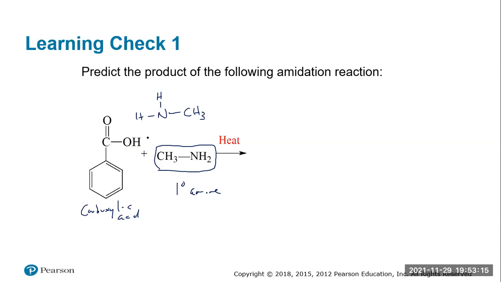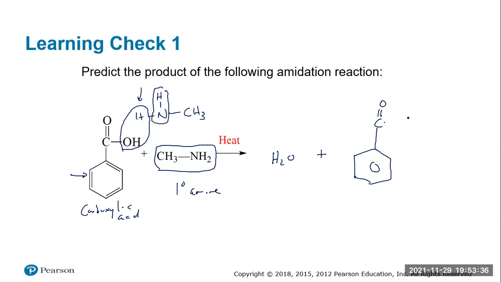We're going to take out water. So there goes water. And then basically everything stays the same. So in this case, we have a big ring structure. We also have attached to it a carbon oxygen double bond. Now remember, we took out the water, so we're going to pick up right here, which is really our amide connection. And we end up with this guy right here. Any questions on how that comes together?